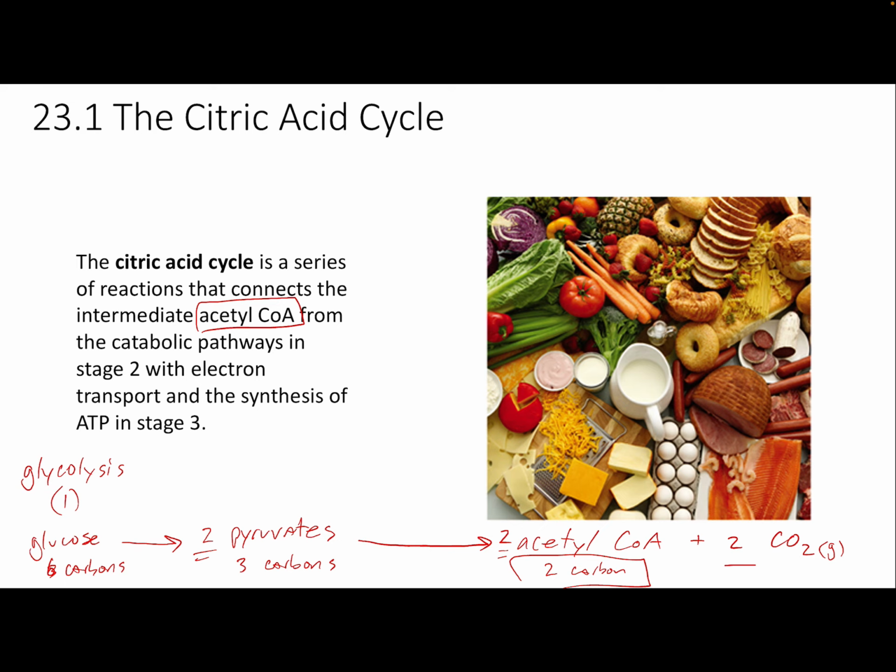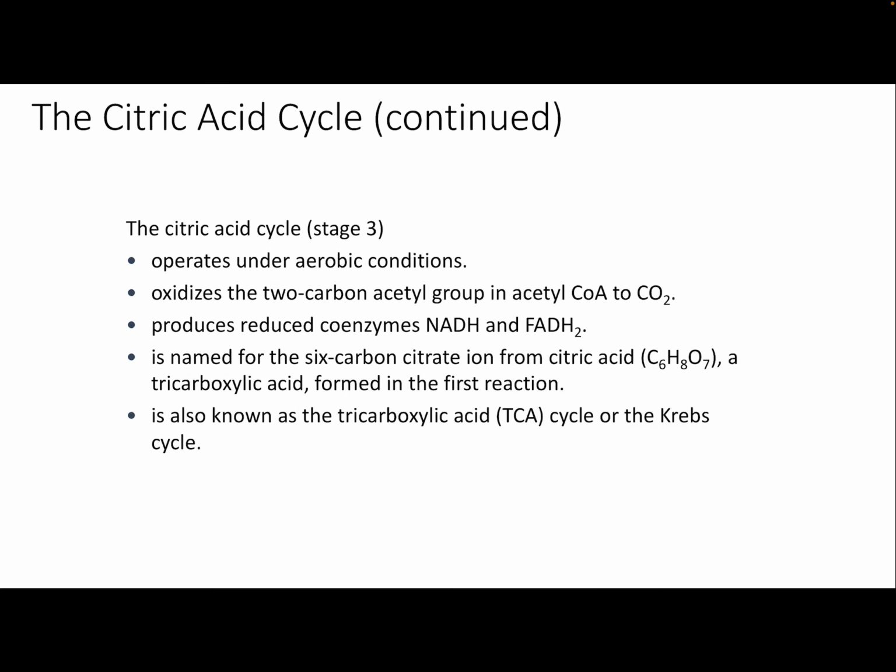And so now this intermediate, the acetyl-CoA, we're going to look at stage 3, which is the citric acid cycle. So this operates under aerobic conditions, meaning oxygen has to be around. We'll see where that oxygen comes in later in the mitochondria. Our 2-carbon acetyl group is going to be basically converted into carbon dioxides.